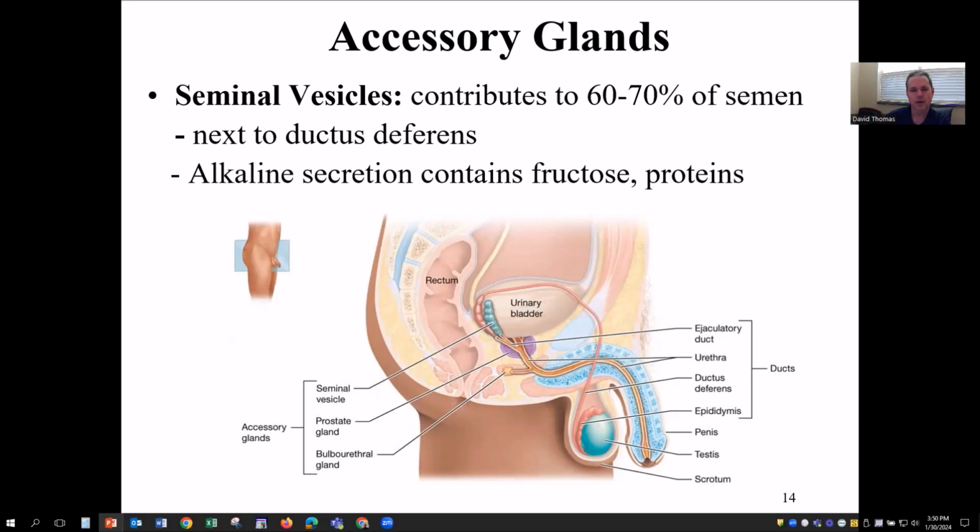Let's look at these glands. The seminal vesicles are the first one, and really the one that contributes the majority of the composition of semen. It's an exocrine gland. It provides a secretion that contains fructose, which ends in -ose, so we know that's a type of carbohydrate.